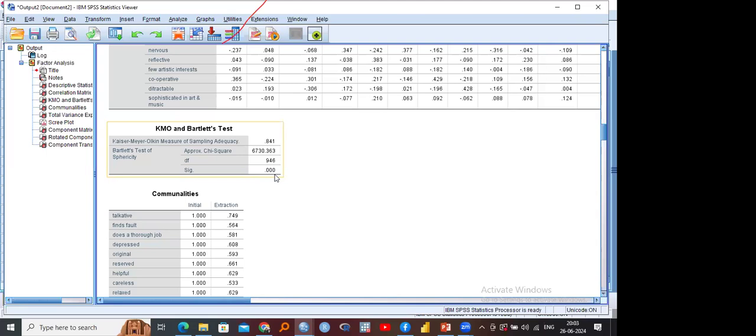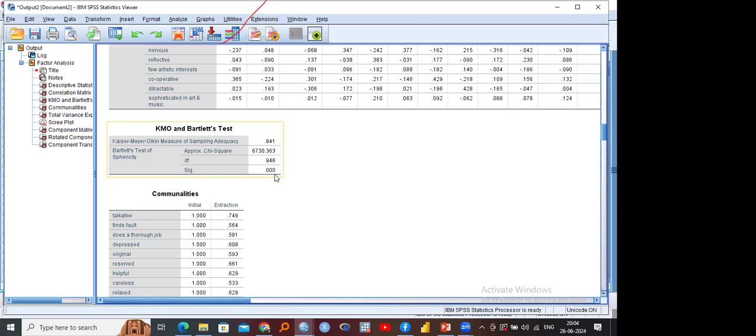Even if it is more than 0.6, sometimes it is acceptable. Actually, there is no fixed thumb rule for this. It depends on your type of study, the design of your study, and many things. But generally, its value should be more than 0.7. 0.5 is less. 0.5 means that it is not very good data for factor analysis.